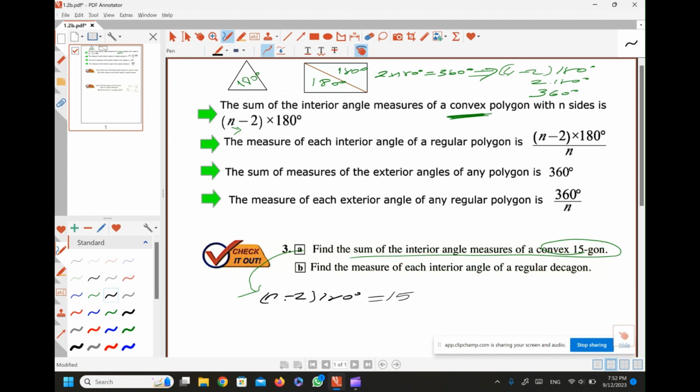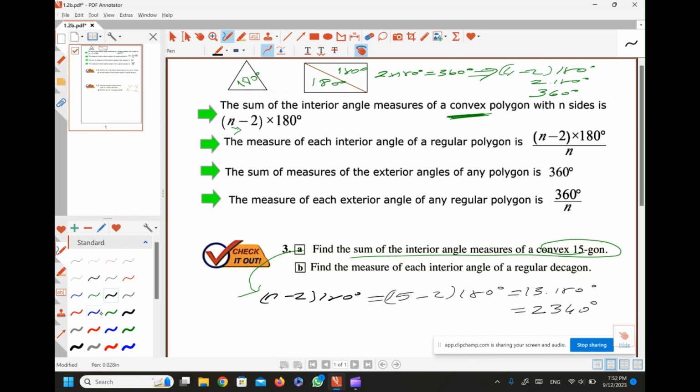So in place of n, we write 15. (15 minus 2) multiplied by 180 degrees. 15 minus 2 is 13. 13 times 180 degrees is going to be 2340 degrees. So this is the sum of interior angles of a convex 15-gon.